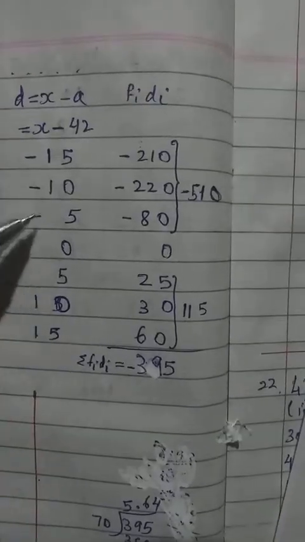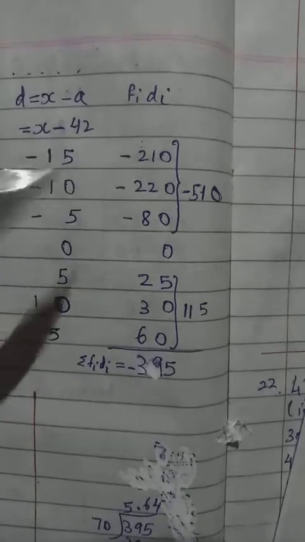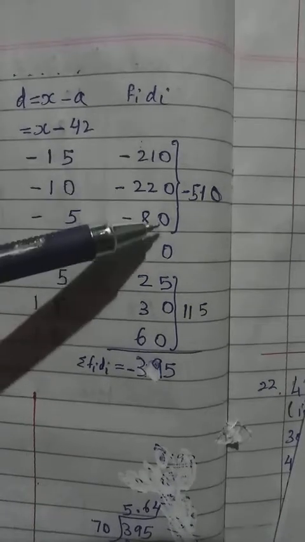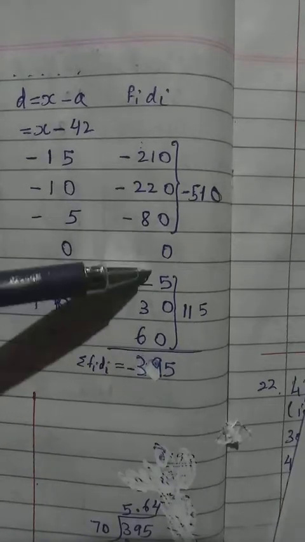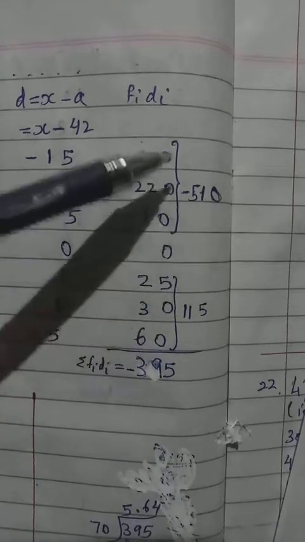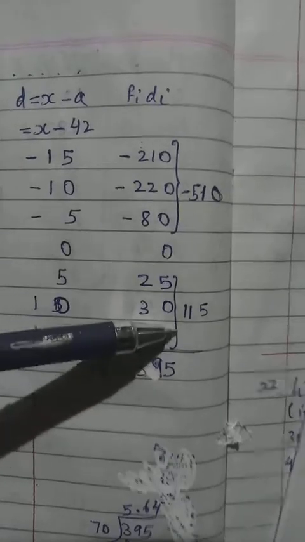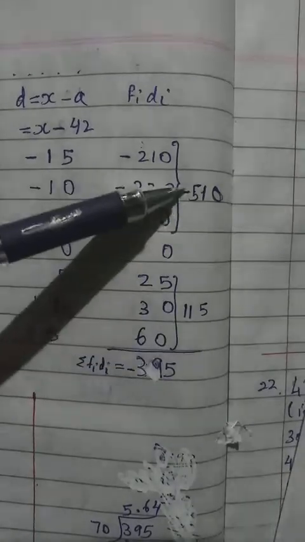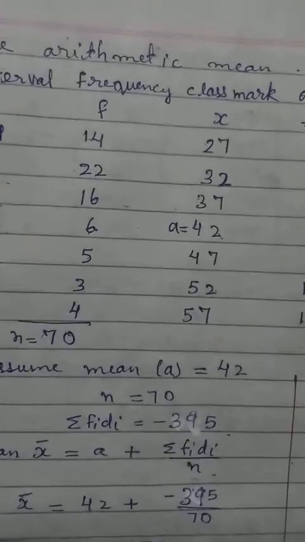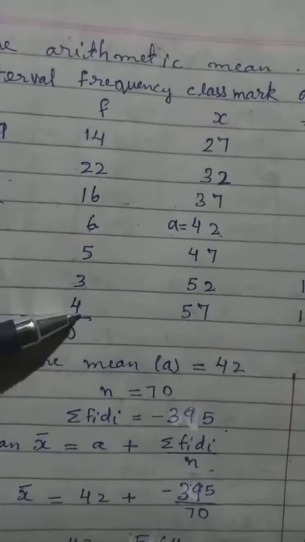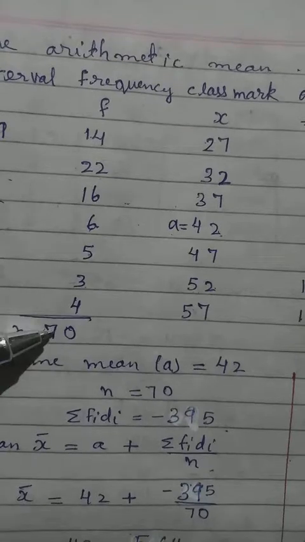Because this is minus, they will remain minus. Those with minus sign, we add them together with minus sign. Here they are all plus, we add them with plus sign. This one is minus, this one is plus, so we have to subtract. Then minus is greater, you put it there. Then as usual, f you have to add it all. After we add it, we get 72.